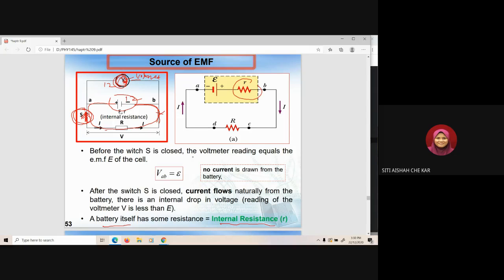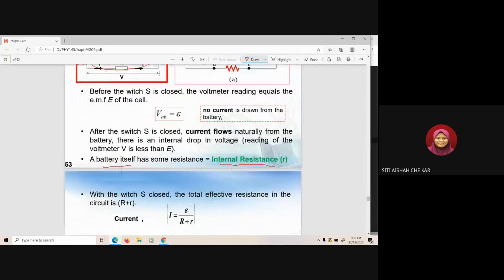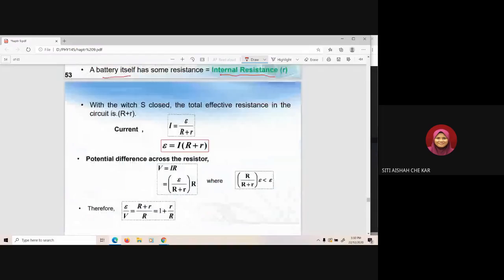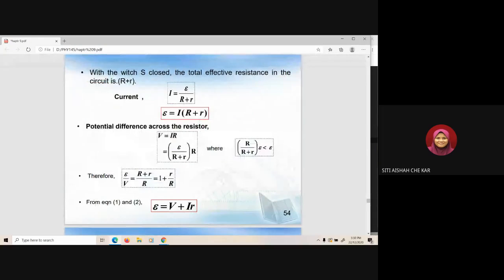The battery itself has some resistance. So kita tak akan dapat 12 volt. Mungkin 11.91 volt. Maknanya 0.01 tu dia hilang ke mana? Hilang kepada the internal resistance. Okay, so saya tak nak go details lah yang ni.